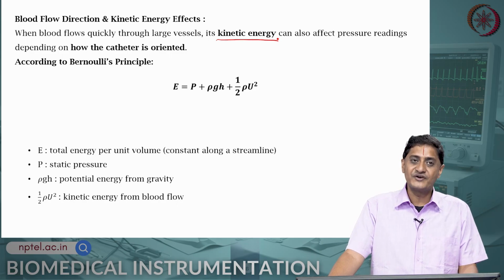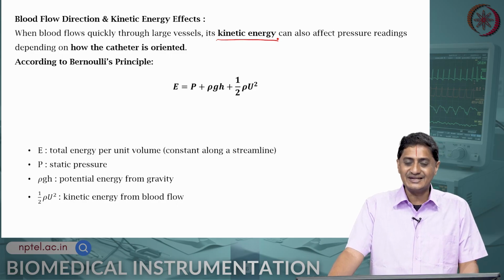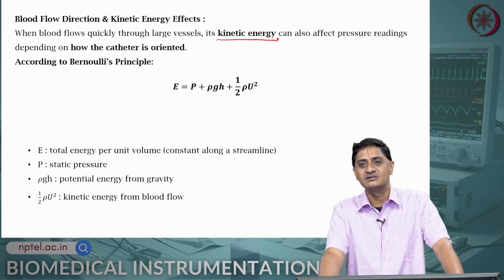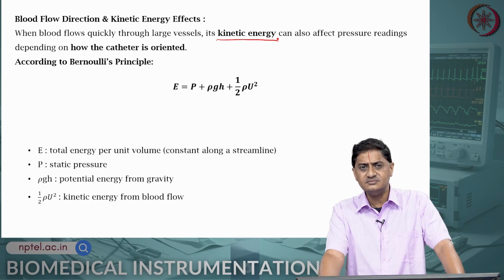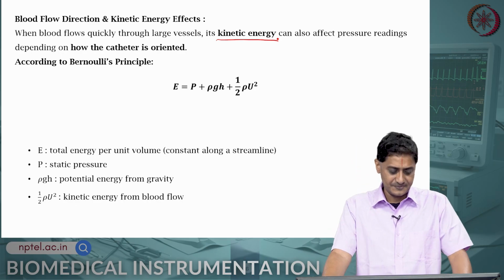When blood flows fast through large vessels, there is a kinetic energy that can also affect pressure readings depending on how the catheter is oriented, and this is something that we can model. So, the total energy per unit volume is essentially the static pressure plus the change in the potential energy and the kinetic energy.